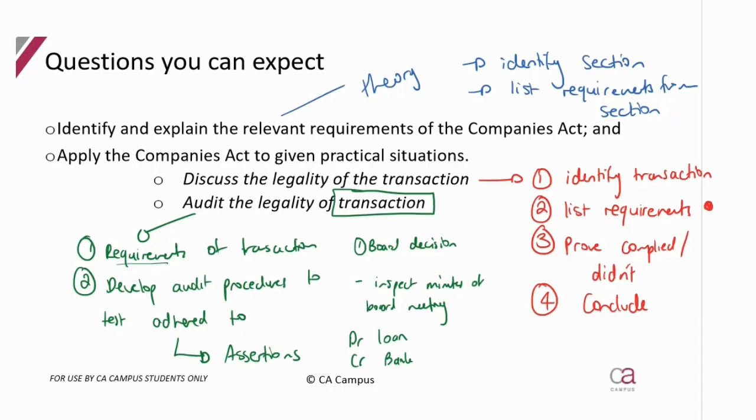So I can use all of my assertions to test that, as well as then going and testing the specific requirements. Okay. First of all, though, if we're doing legality, do the requirements of the Companies Act. It's just that if the question asks you to audit it, in so much as not just looking for the legality, but also the actual recording of the transaction, I can then go into my assertions.